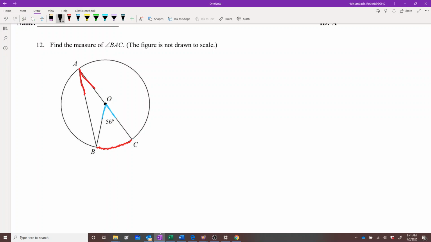That makes arc BC 56 degrees. And if angle A is half of its intercepted arc, then the measure of angle A is equal to 1/2 of 56. Half of 56 is 28 degrees.